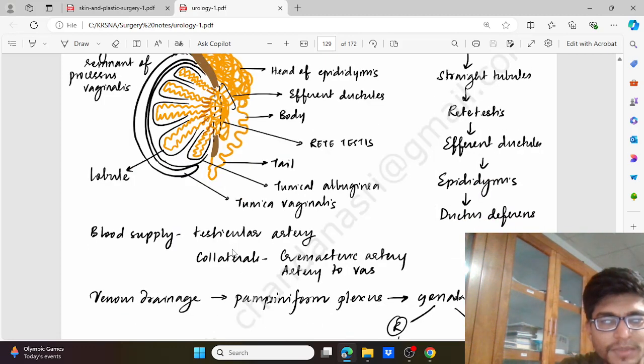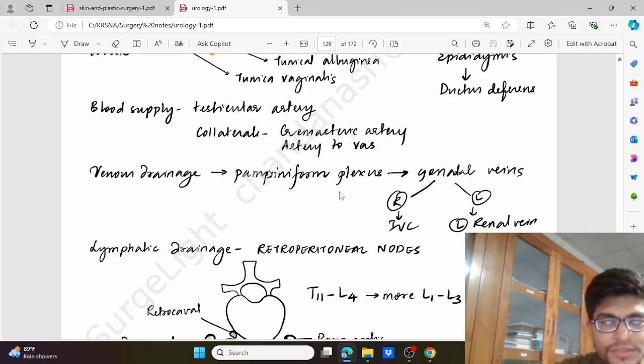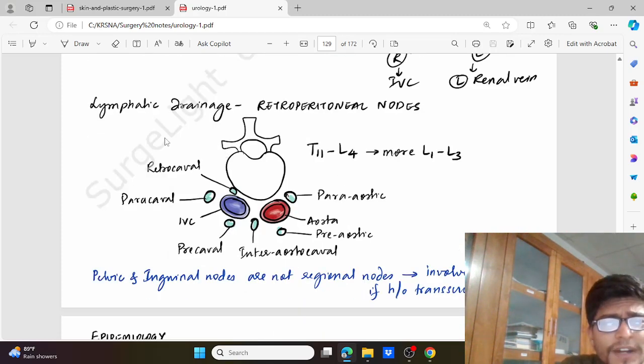Now, the blood supply is through the testicular artery, and collaterals through the cremasteric artery and artery to vas. Venous drainage is through the pampiniform plexus, then through the gonadal veins; the right side will go into the IVC and the left side will go into the left renal vein. Lymphatic drainage is to the retroperitoneal nodes.